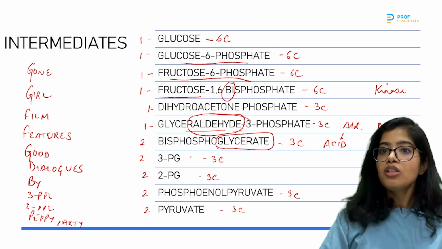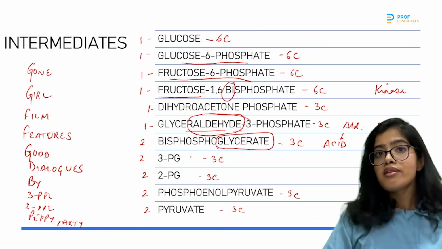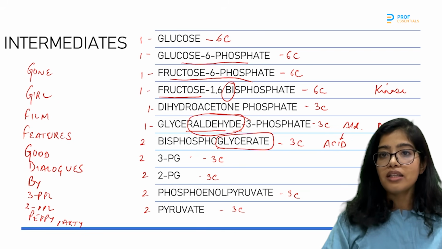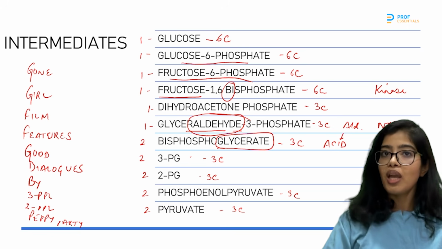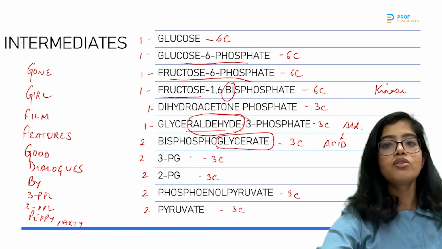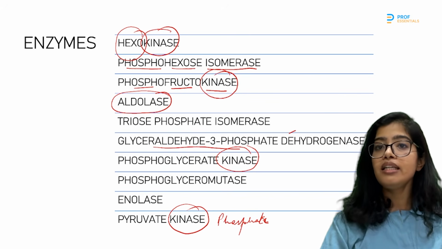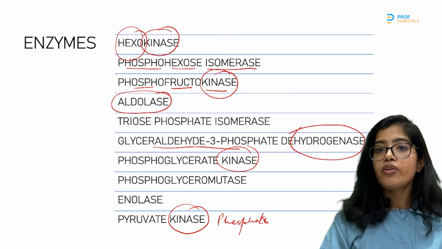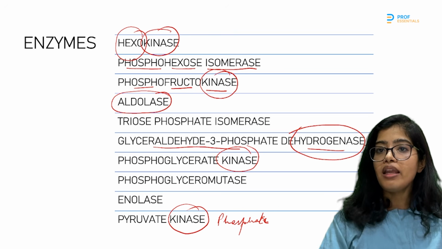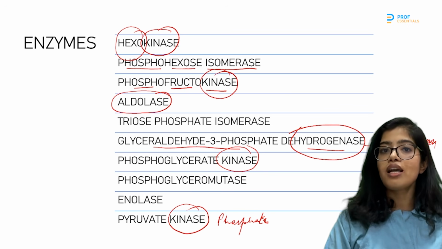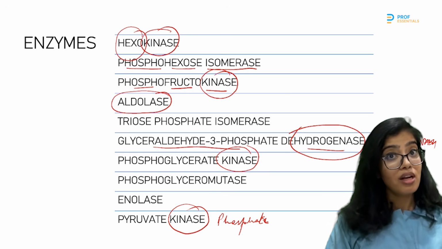Got it? So addition of hydrogen is reduction. Therefore, aldehyde getting converted to acid is simultaneously accompanied by NAD getting converted to NADH. Got it? So this is the redox reaction. So glyceraldehyde 3-phosphate dehydrogenase. This hydrogen will go to NAD to form NADH, and this glyceraldehyde 3-phosphate will get oxidized to bisphosphoglycerate.